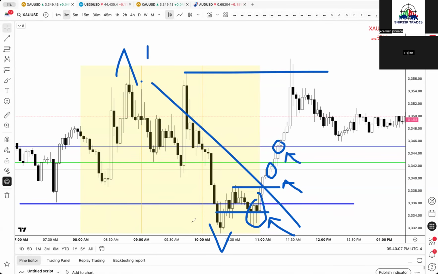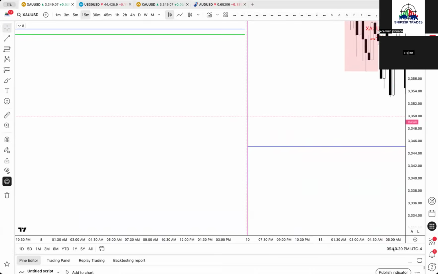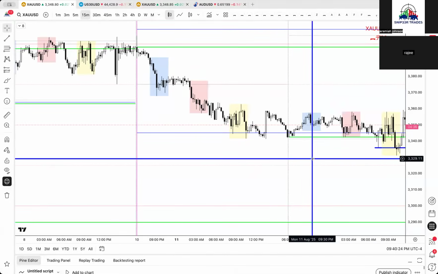One, two, three. It's Tuesday, so I was looking for a trend trade. That's why I took that, because it's Tuesday. I'm looking for a trend trade.